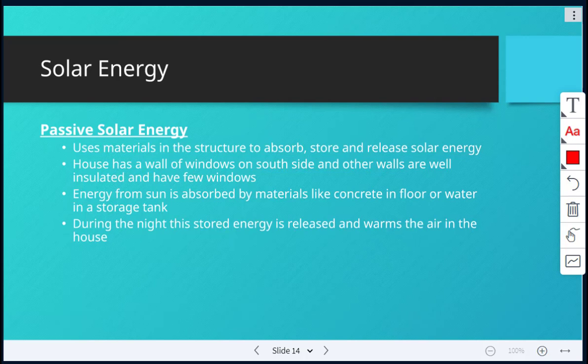The energy from the sun can be absorbed by materials like the concrete in the floor or the water in the storage tank. So that's a very passive way of absorbing solar energy. But during the night, that stored energy can be released and it can warm the air in the house. Okay, so that's passive solar energy.